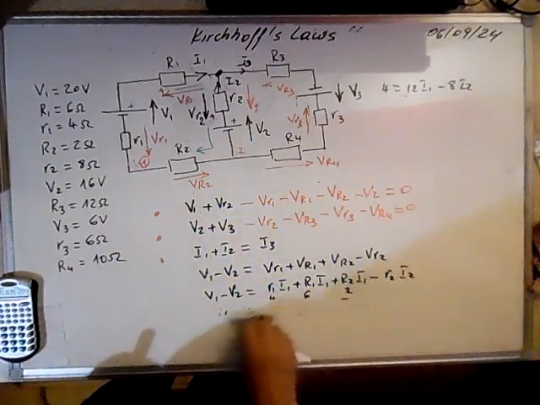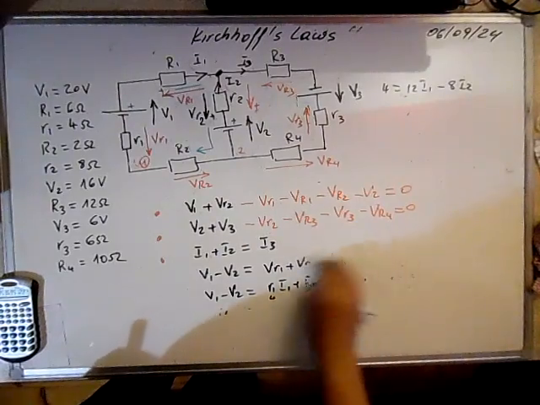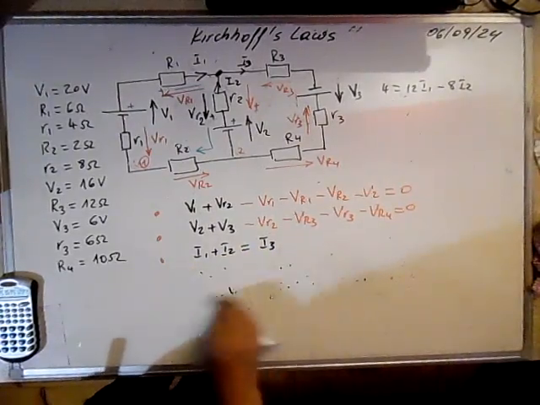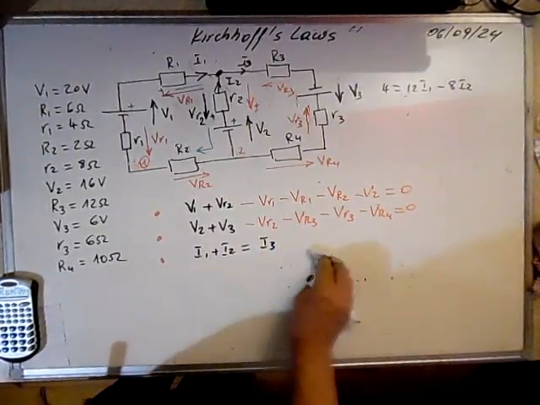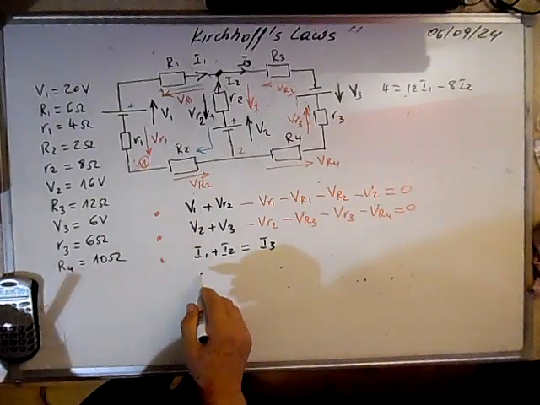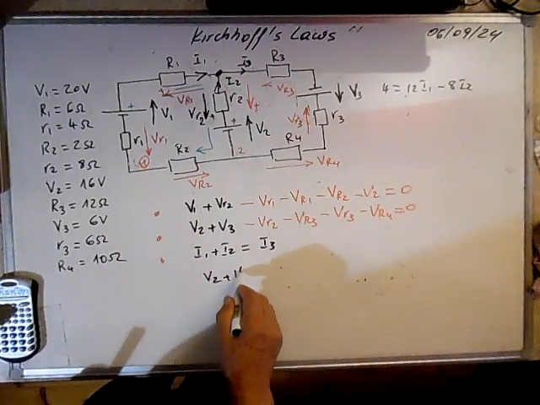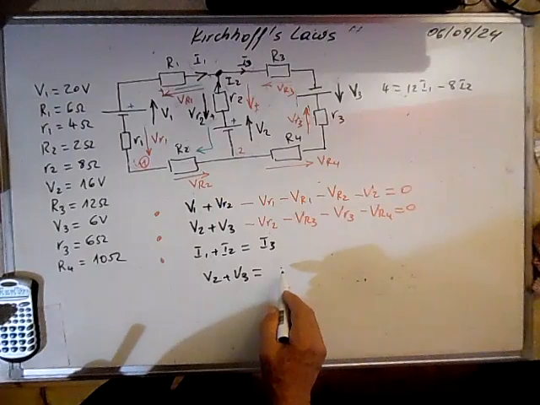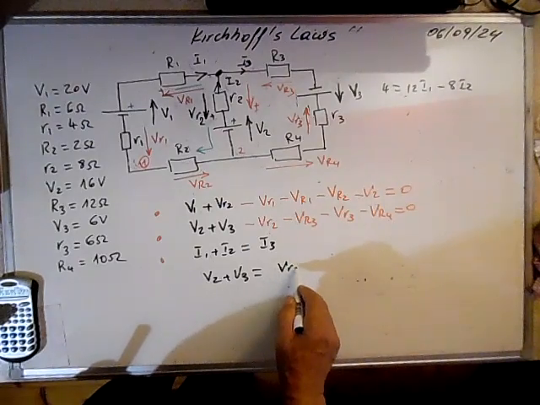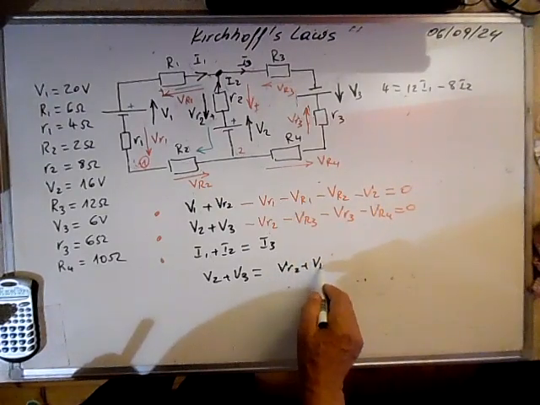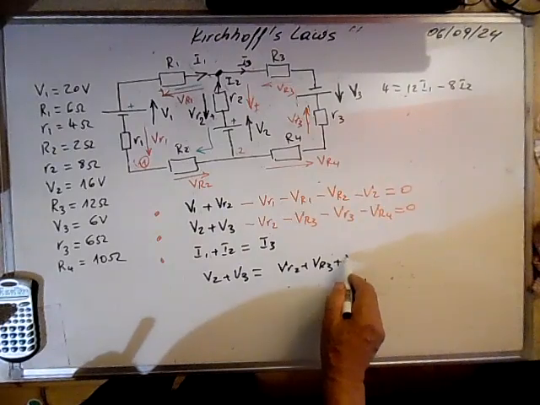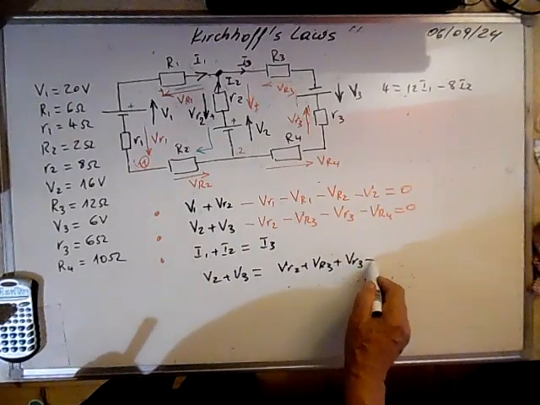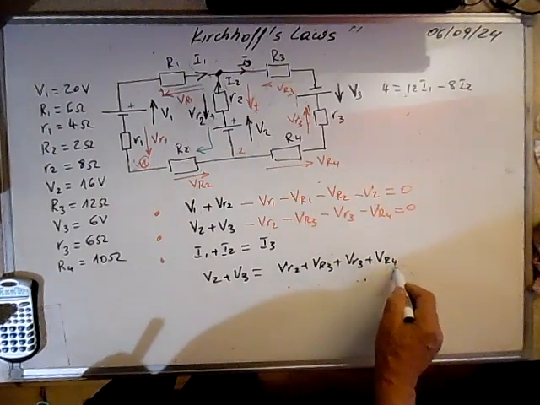Second equation. V2 plus V3 is equal to VR2 plus VR3 plus VR3 small letter plus VR4.